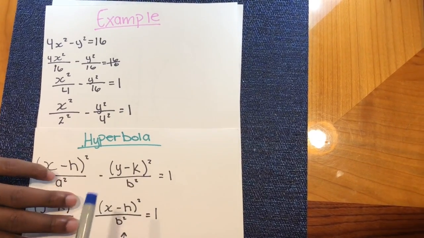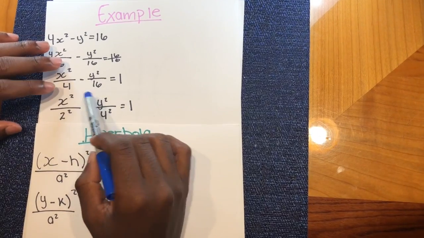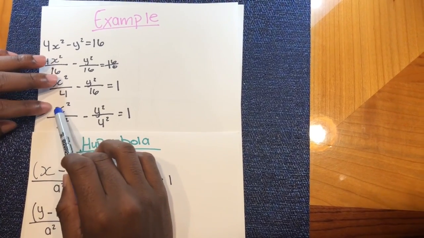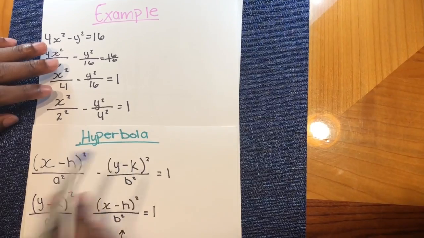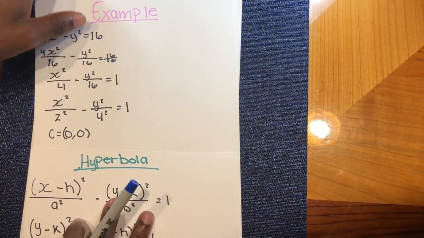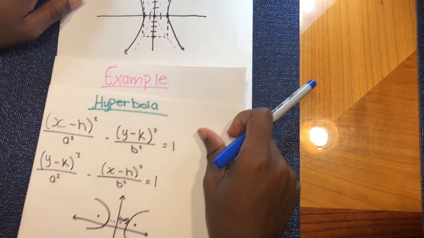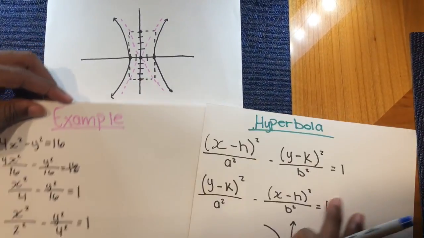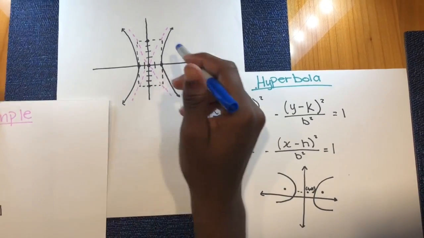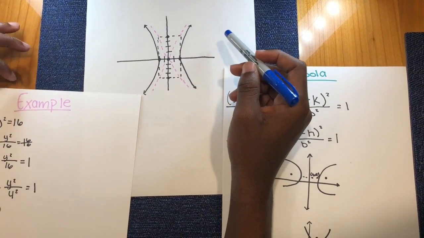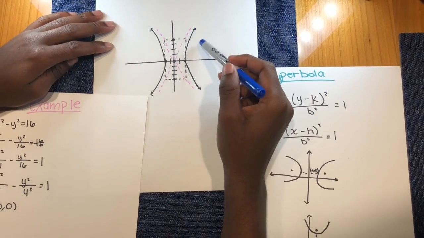So then now, in order to find our center, we know there is nothing in front of the x or the y, so our center will just be (0, 0). So now moving on to the graphing part. When we have our graph, first we're going to want to plot our center.